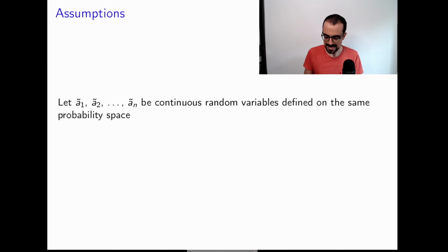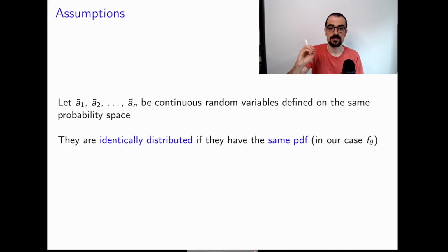So if we have n random variables, a1 to an, these random variables are identically distributed if they have the same PDF. If you look at them individually and you look at their densities, if their density functions are all the same, then they're identically distributed. This is an assumption that makes sense for our data, because if we're fitting a distribution, the data points hopefully will each have the same distribution. Otherwise, what are we doing here?